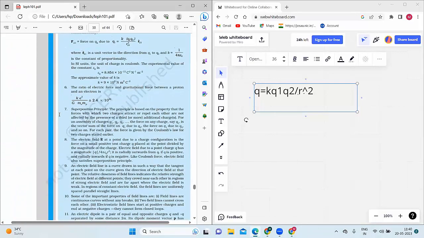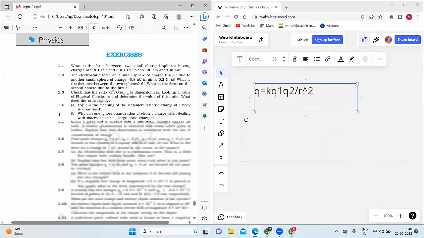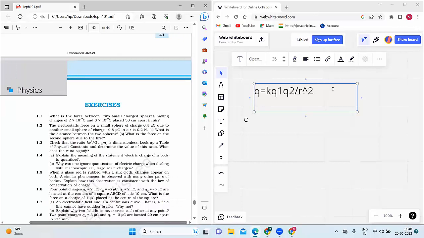Now we will quickly go through the exercise problems. What is the force between two small charged spheres having charges of 2 into 10 power minus 7 coulombs and 3 into 10 power minus 7 coulombs, placed 30 centimeters apart from each other?